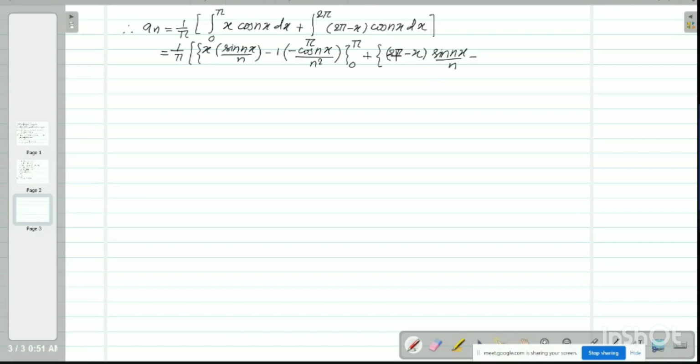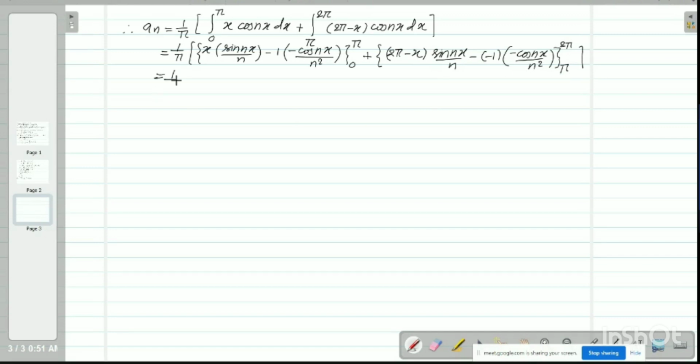So this is constant, and the derivative of this is minus 1, and the integration of sine is minus cos nx by n, and n is already here, so n square. Now providing limit pi to 2 pi. Okay, just close the big bracket.